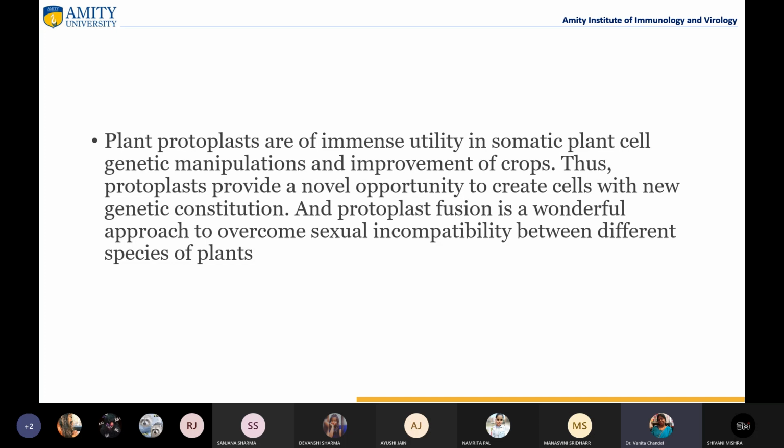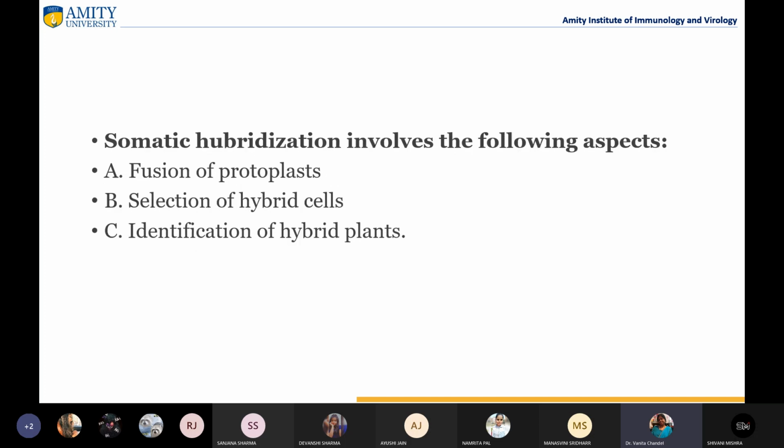Now we want both these characteristics to be present in one plant. For that, this process is very useful, and by this process we can generate such plants. This process involves fusion of protoplasts, selection of hybrid cells, and then identification of the hybrid plants.